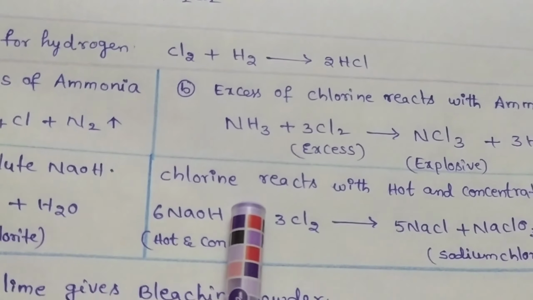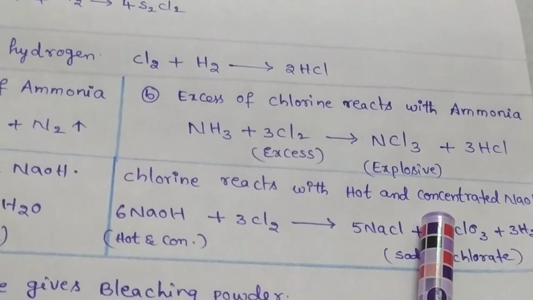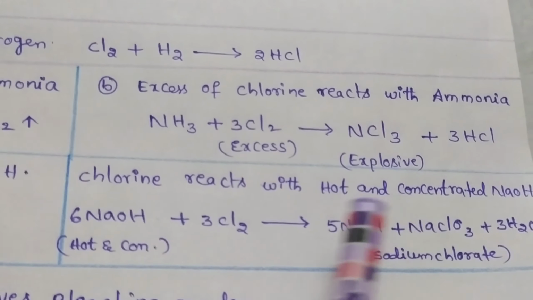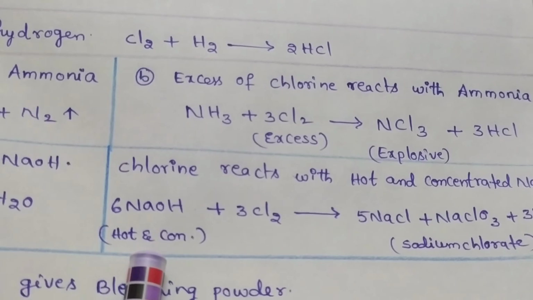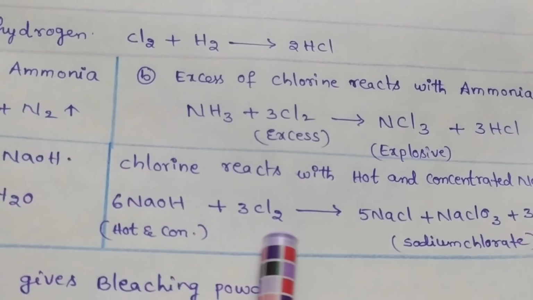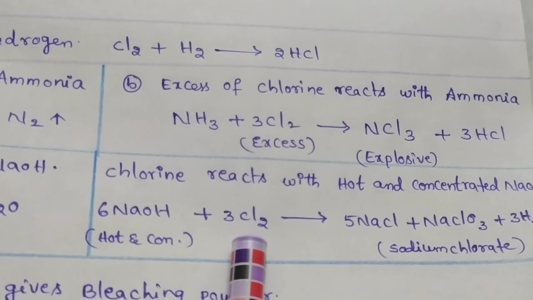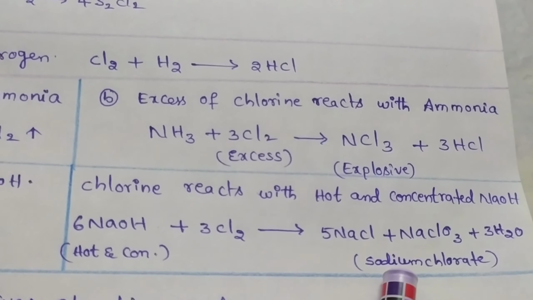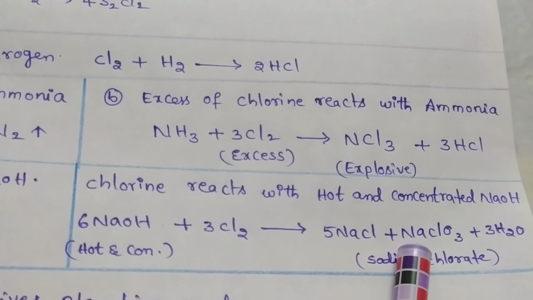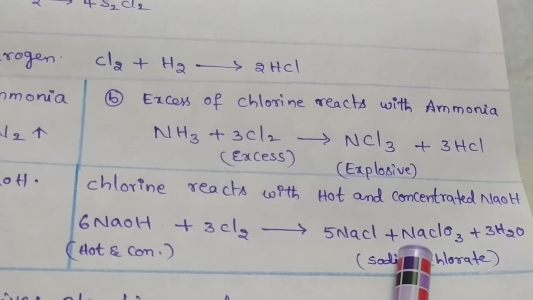When chlorine reacts with hot and concentrated sodium hydroxide, we take 6 moles of sodium hydroxide, which react with 3 moles of chlorine gas to form sodium chloride, sodium chlorate, formula NaClO3, and water molecules.